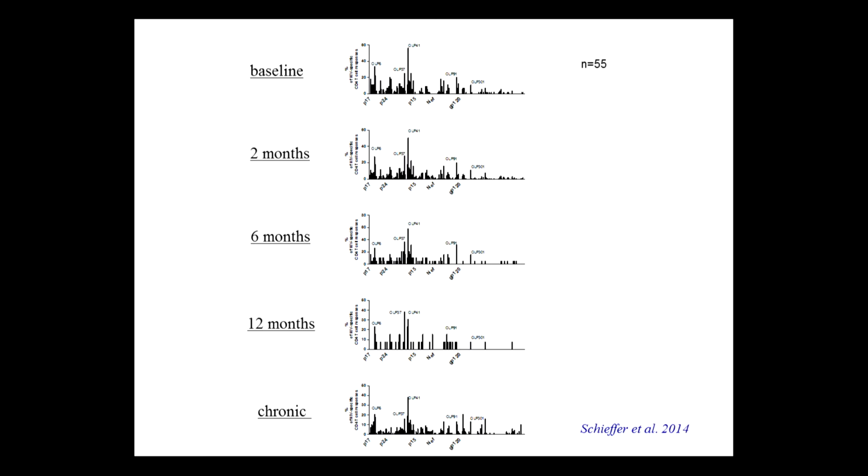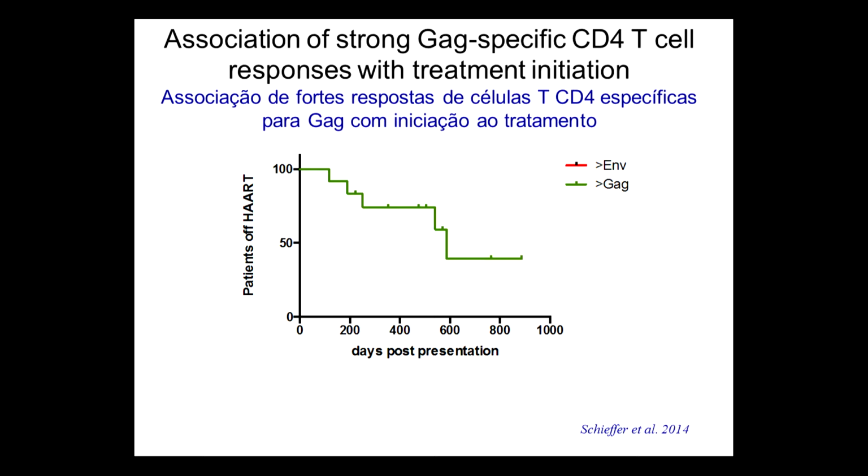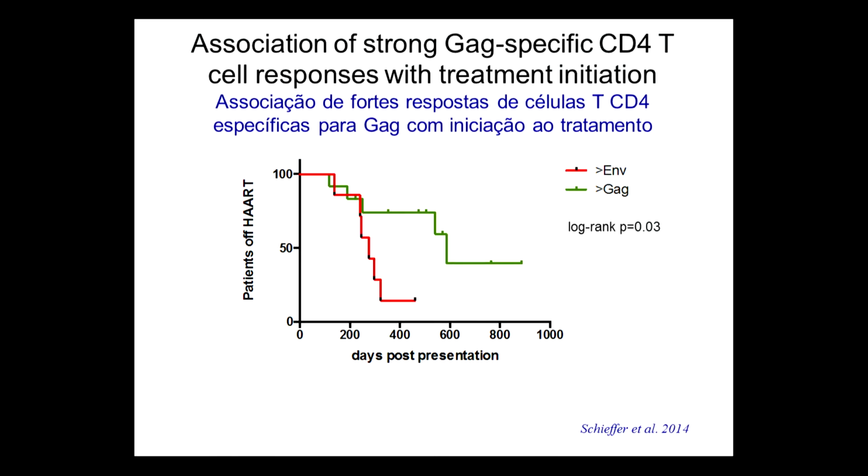And so we stratified our patients into those targeting more envelope or more GAG in acute infection at peak viremia. And we see a very clear pattern that the ones targeting more envelope go earlier on HAART. That was a time when HAART initiation was decided by the physician and was not in the guidelines to be started immediately.